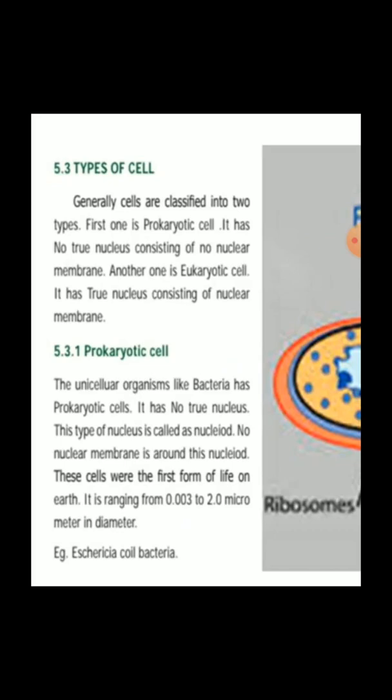The genetic material is called the nucleoid. It does not have a proper well-defined membrane, so there are no membrane-bound organelles. Example: Escherichia coli bacteria.